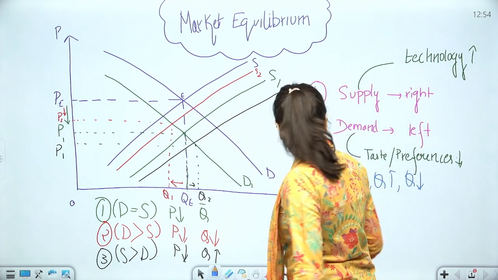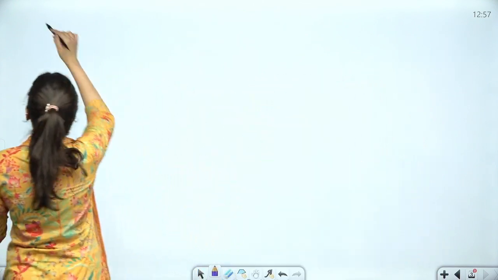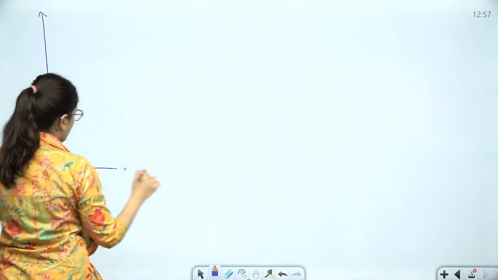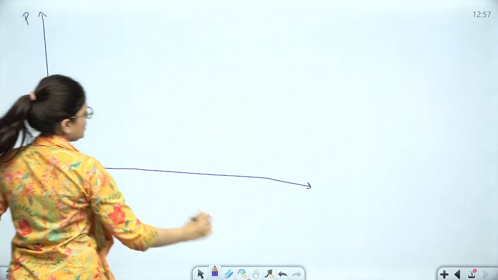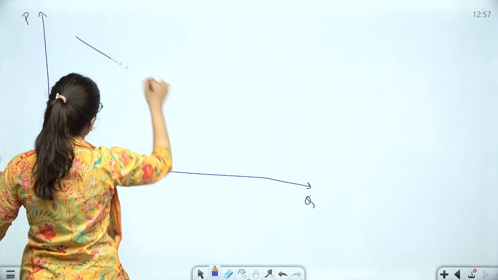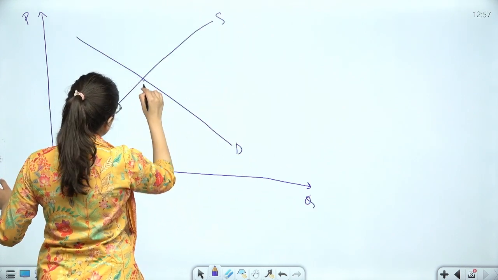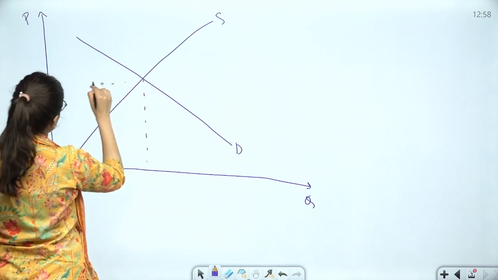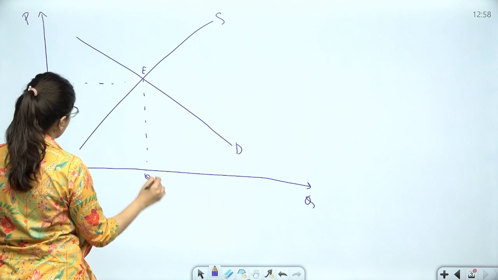Now let us talk about the other case, in which basically what is happening is we have price, we have quantity, we have demand, we have supply, okay, we have equilibrium points here, price, and we have quantity.